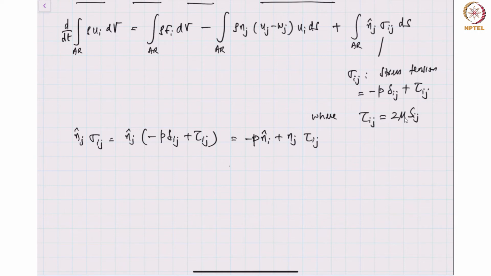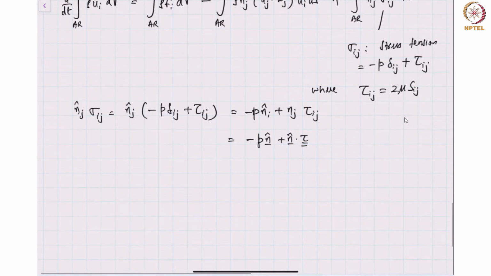And in vector notation, this is minus P times N plus N dot tau. This is the last term of the momentum equation.